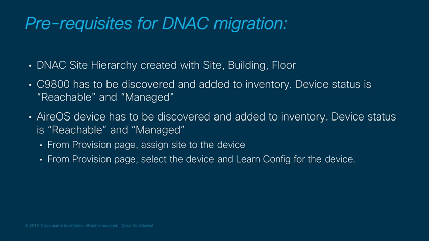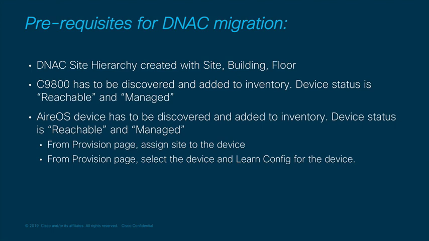That is a simple step. Same step for the AireOS device. And then for the AireOS device, we are going to assign it to a site and then learn the config, which is a feature that we now have in DNA Center to learn the configuration from the device.